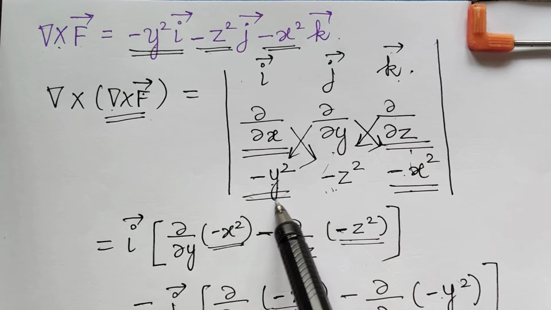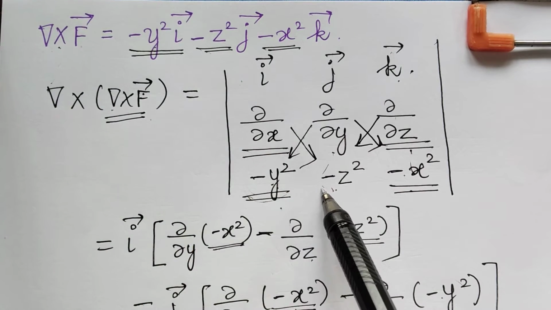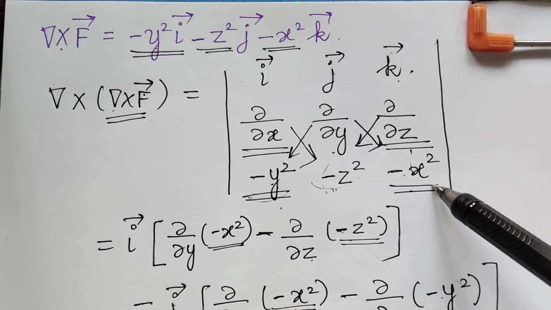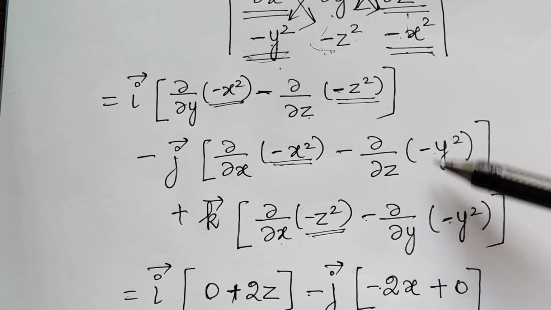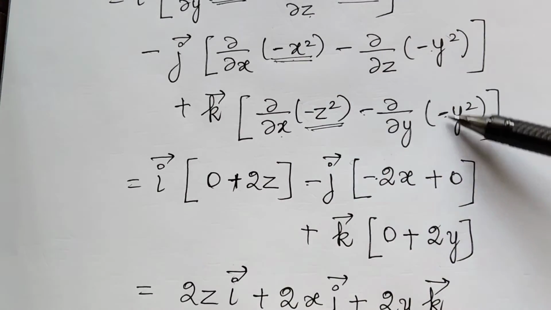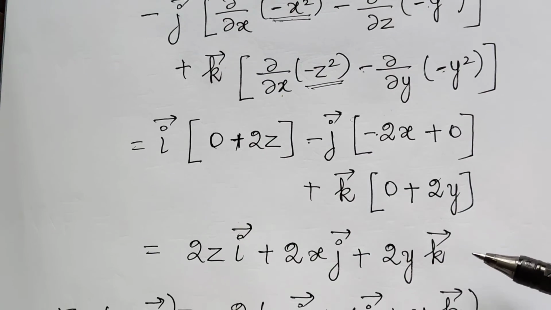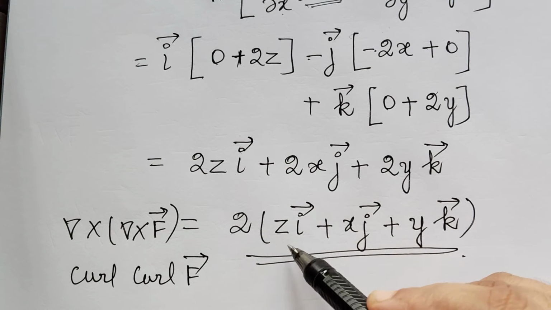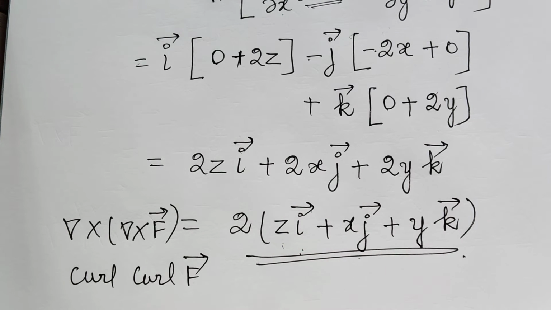And here we write the i-th component of nabla cross f vector, which is negative y square, the j-th component, which is negative z square, and the k-th component, negative x square. As usual, you have to find the determinant value. I have already taught you, so I am not explaining that here. After differentiating, we obtain these terms, and on simplification we get the answer to be 2z i vector plus x j vector plus y k vector. So this is the answer.